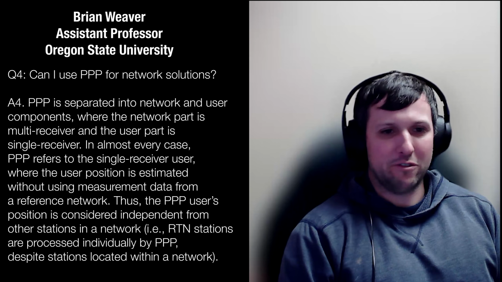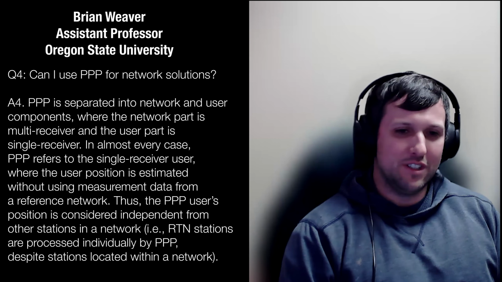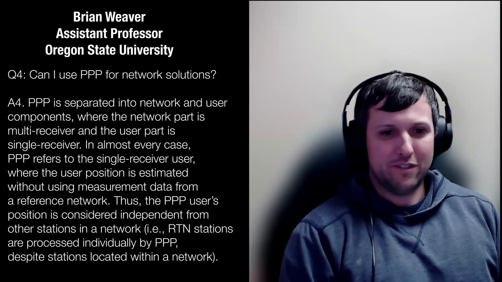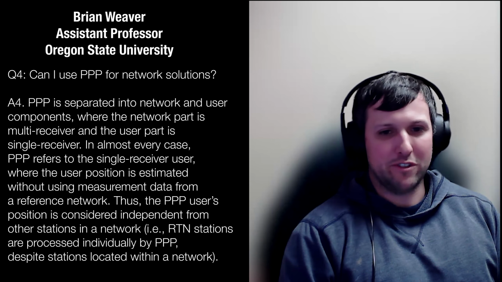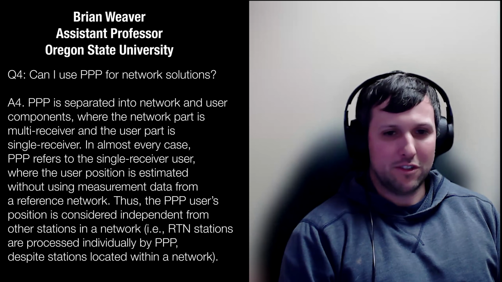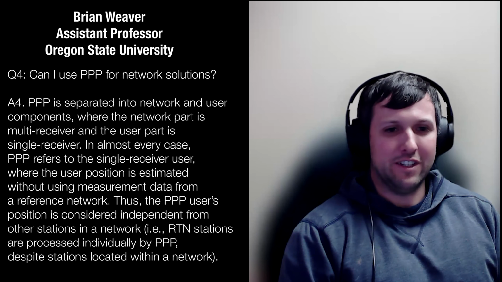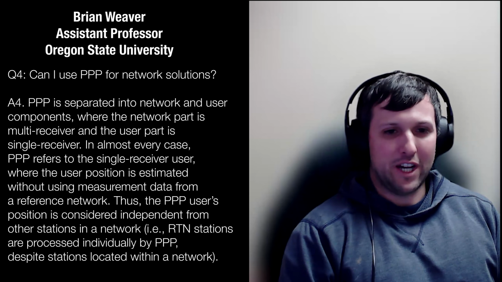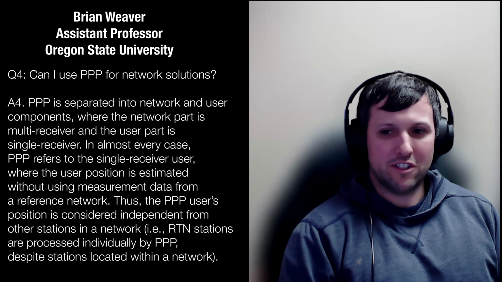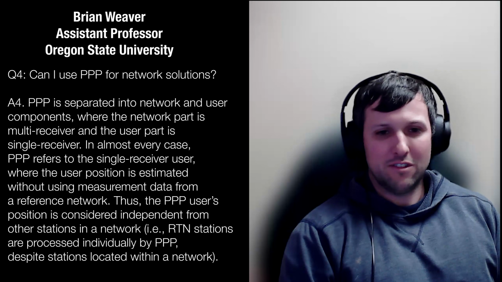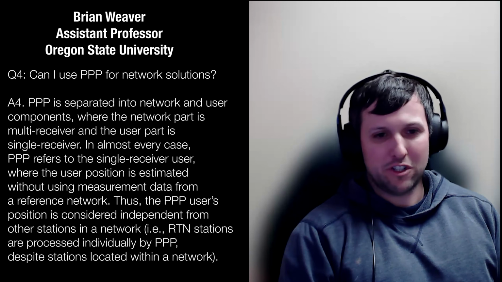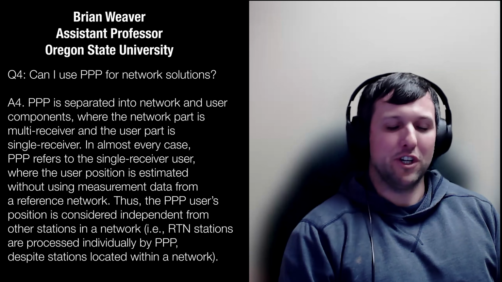The PPP network is responsible for estimating those parameters like the receiver or the satellite orbit and clock that are then used by the PPP user. So to answer your question, yes, there is a PPP network side that is done typically by analysis centers in order to then estimate and give information to the PPP user.